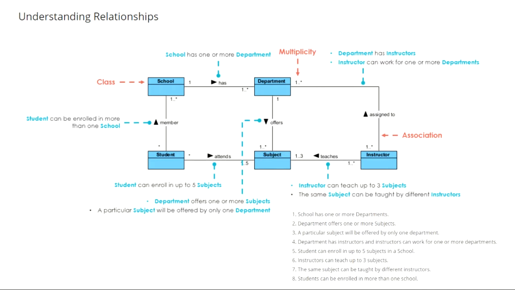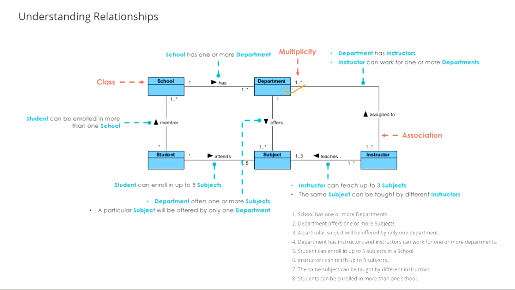Just keep one thing in mind, this is the logical explanation: if there is an arrow from here to here, you don't have to read it from this direction. But suppose the question says that a department can offer multiple subjects and a subject will be offered by only one department. This will be the statement for which this diagram has been created.